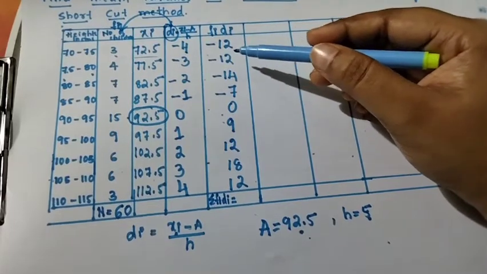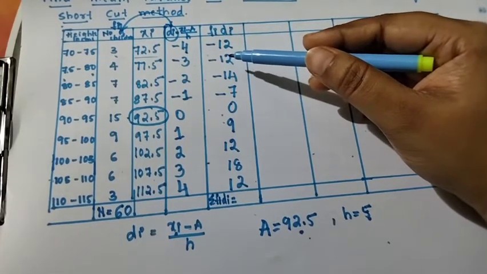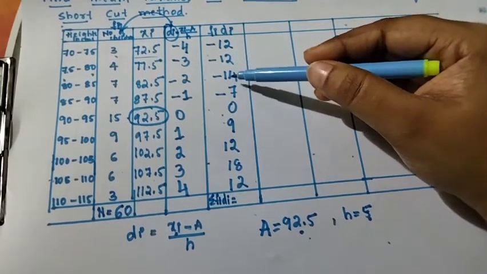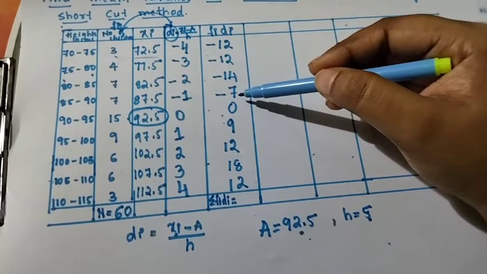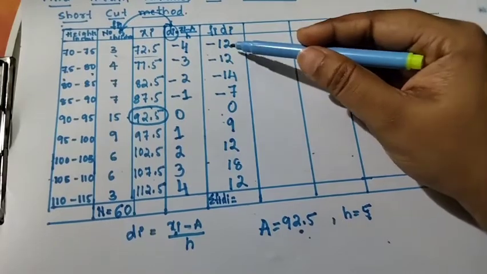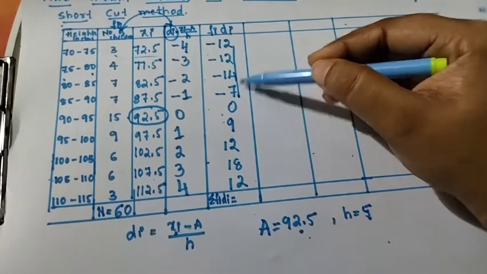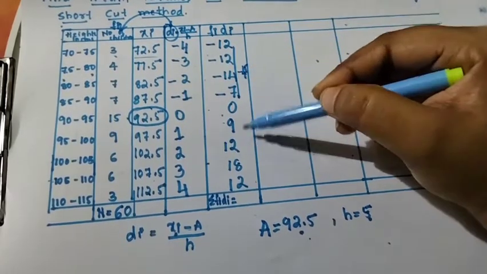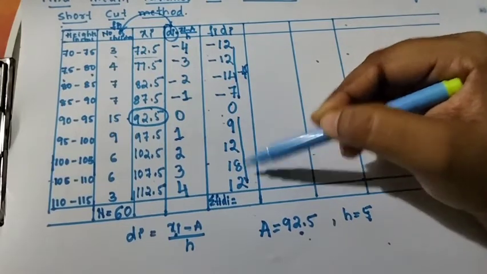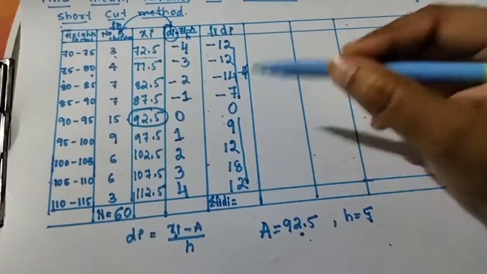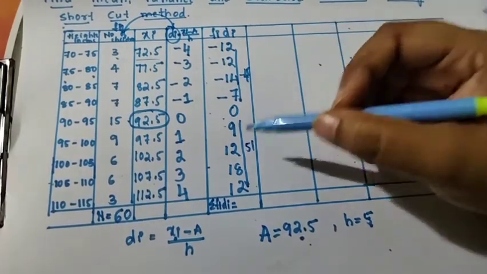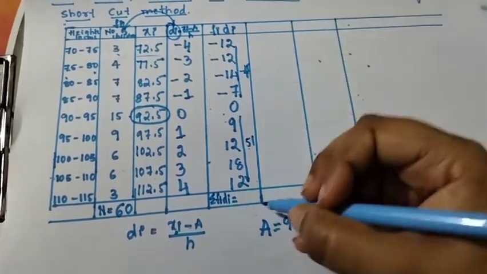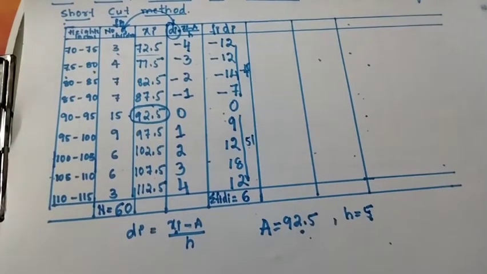So minus 12, minus 12, minus 24. So minus 24, minus 14, minus 7. If you add all these, I think you get minus 45. Next, add these: 9 plus 12 plus 12 plus 18, you get 51. Okay, so 51 minus 45, you get the value as 6.